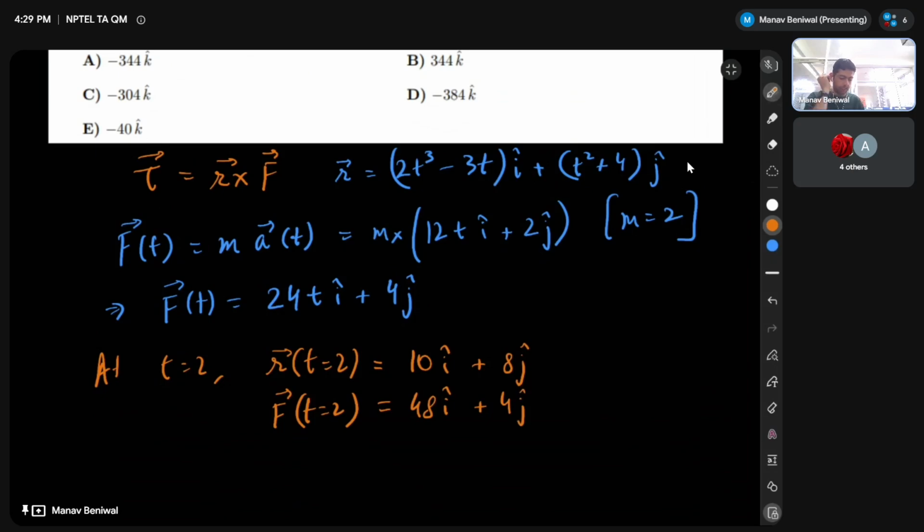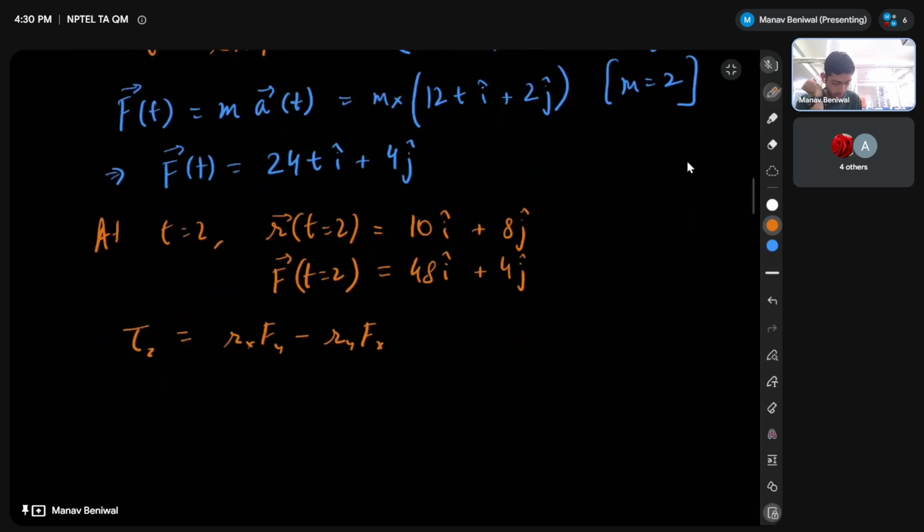Okay. And so both my R and F are along the xy plane. So my torque will only have a k component. So let me write the z component. That will be Rx Fy minus Ry Fx, which means this will be 10 times 4 minus 8 times 48.